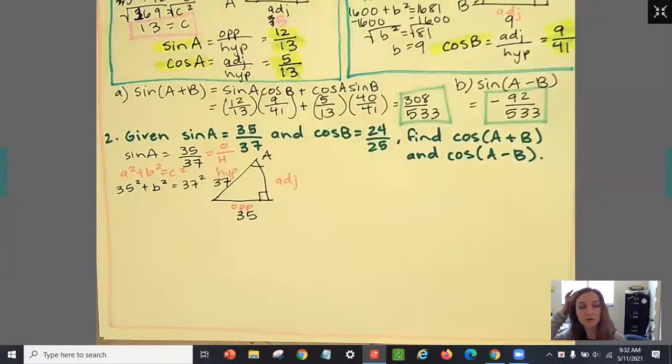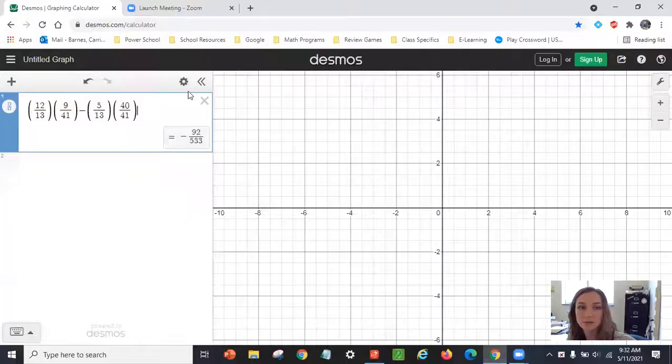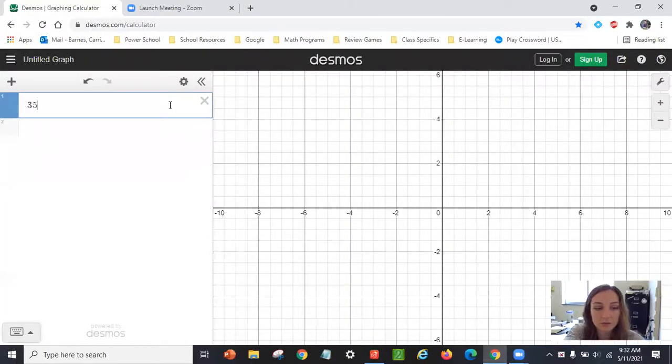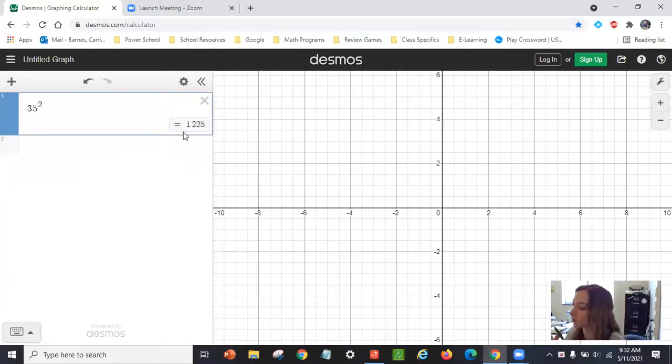Okay, so 35 squared, let's go type that in. Okay, 35 squared, that's going to be 1,225. And our 37 squared, that's going to be 1369. Okay, and now we're going to be solving here.